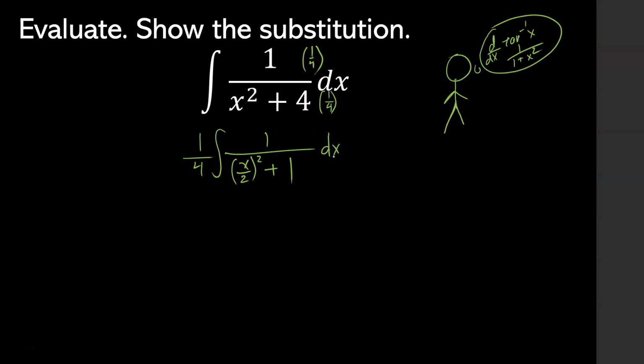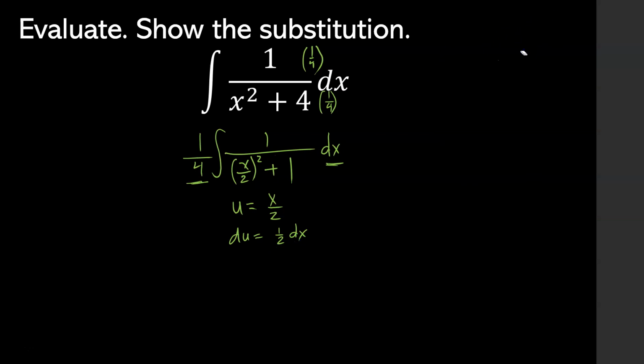Hopefully that works out for you. You might think x squared over 4. Well, this x over 2 quantity squared is x squared over 4. And so now, hopefully you can see that u is x halves, which means du is 1/2 dx. Well, we have a dx. We need a 1/2, which we have part of out here in terms of the 1/4.